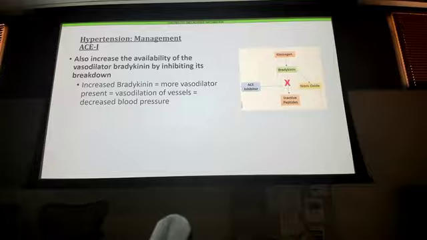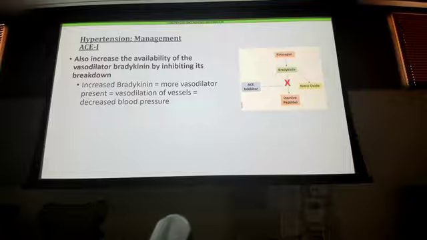But ACE inhibitors can actually go in and they block that degradation of bradykinin, which then increases your levels of circulating bradykinin, which means then it's increasing the local secretion of nitric oxide, which is having that vasodilatory effect.